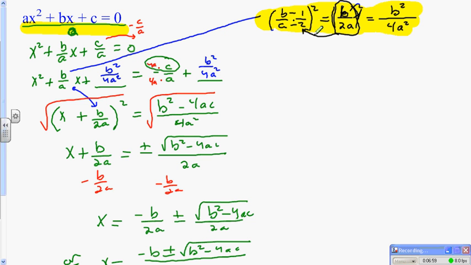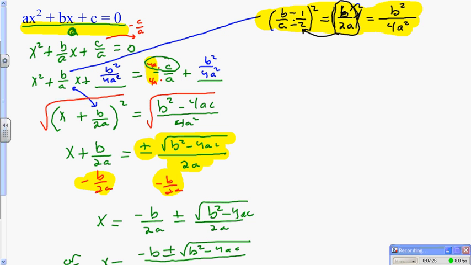I look for you to complete the square. I look for you to get a common denominator. Now I look to see if you can square root both sides and get the proper result after rooting both sides. And then subtracting from both sides to solve for x.